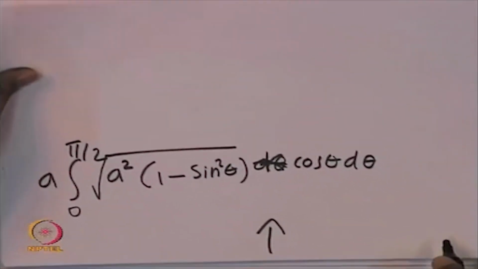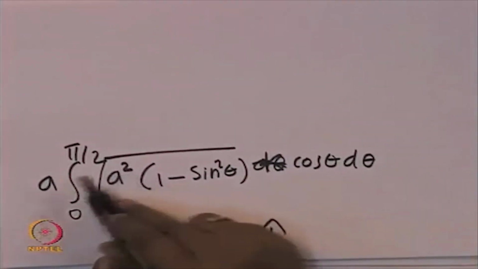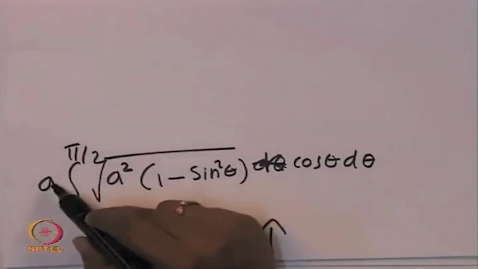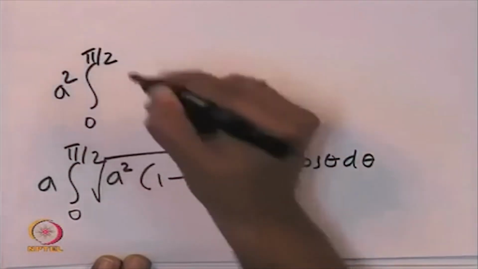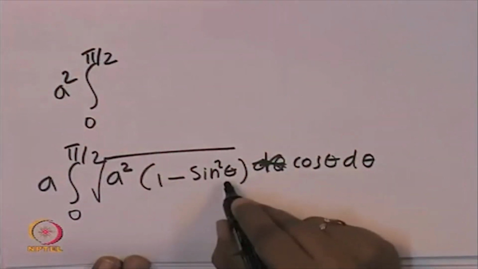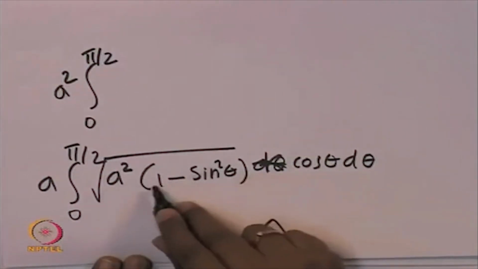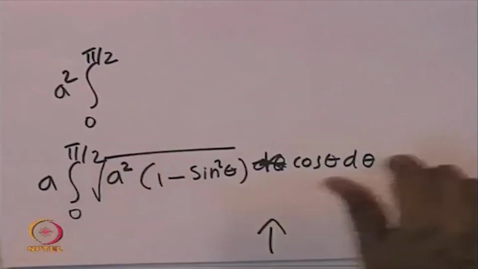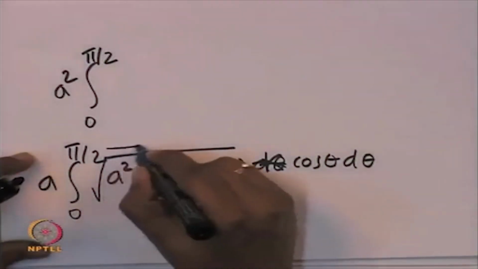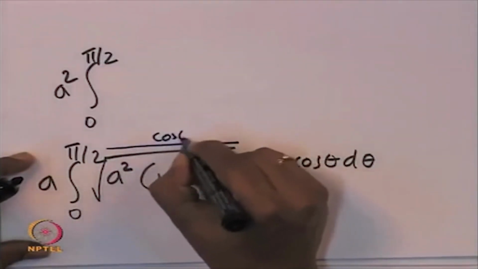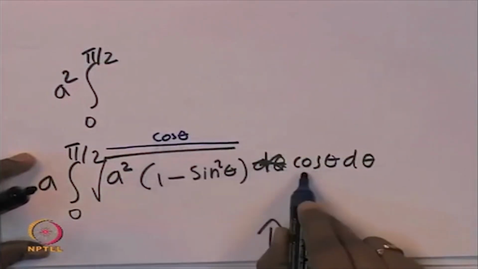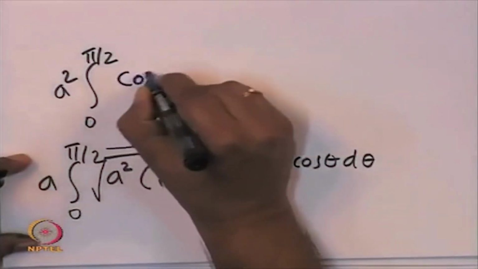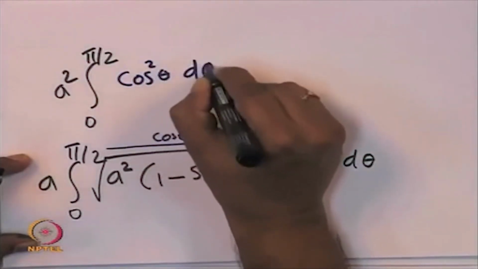Now 1 minus sin square theta is cos square theta, and root of cos square theta is cos theta. So this root part is cos theta. You have one cos theta here and another cos theta here, and cos theta into cos theta is cos square theta. So what you have is cos square theta d theta.